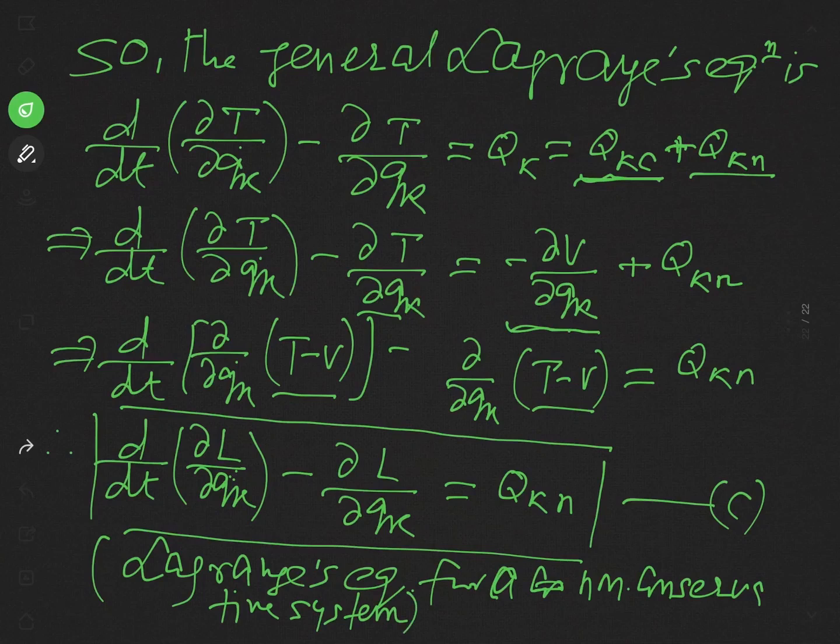So in these two lectures we have seen how the Lagrange equation of motion is derived from D'Alembert's principle. Now in the next lecture we will discuss some of its important applications. You will find that this equation has great importance in solving dynamical problems. We will take some important examples.